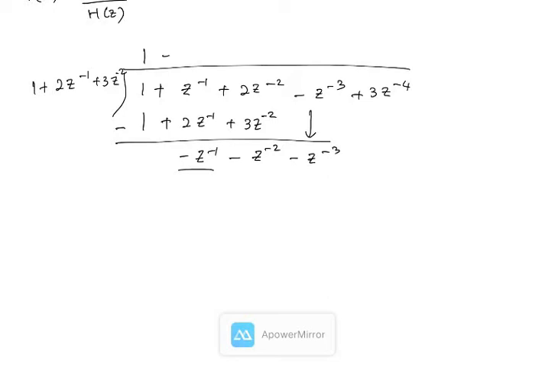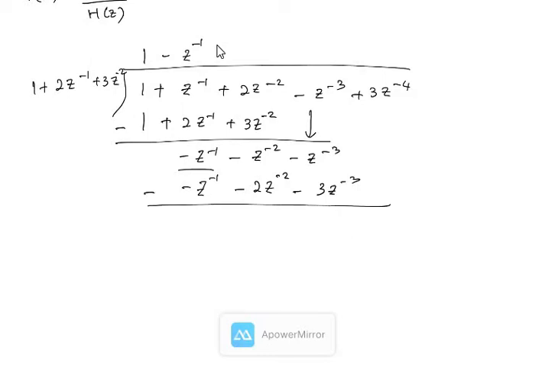We can use a minus z^(-1). When we multiply with 1 here, we get minus z^(-1). And 2 multiplied with the z^(-1) here, so we get minus 2z^(-2), and this one also has a 3z^(-3).